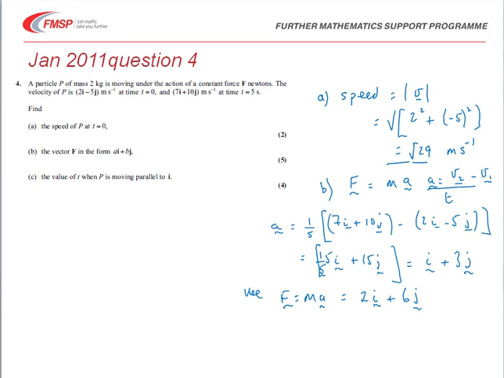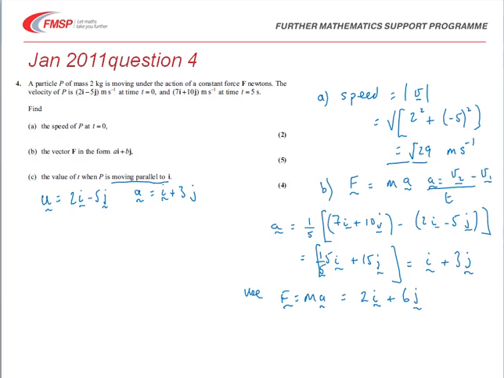The final part of the question asks us for the value of t when P is moving parallel to i. So this is talking about the velocity of P, and we need to realize that we've got a velocity which is changing, so that we know the initial velocity u, which is 2i minus 5j, and we now know that the acceleration a is equal to i plus 3j.